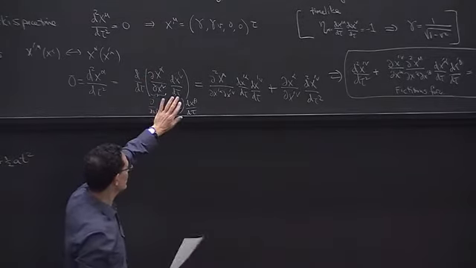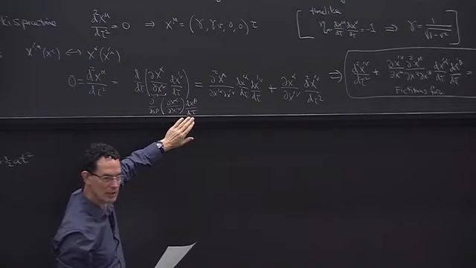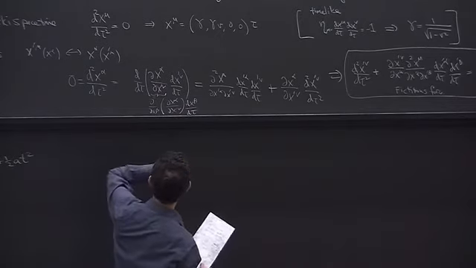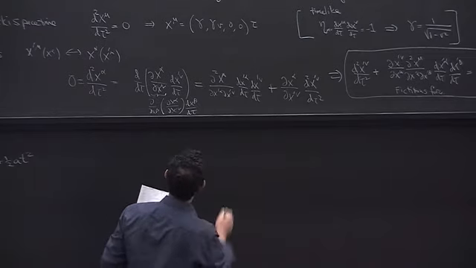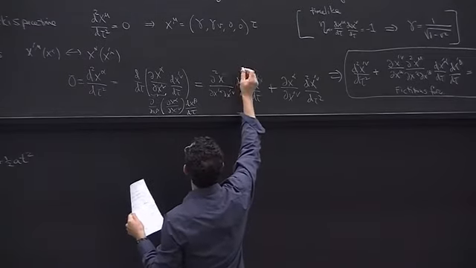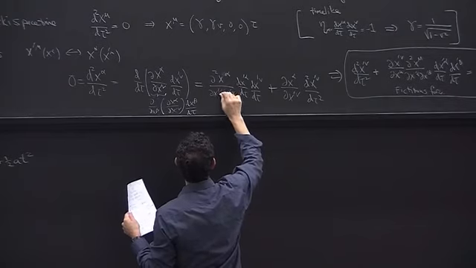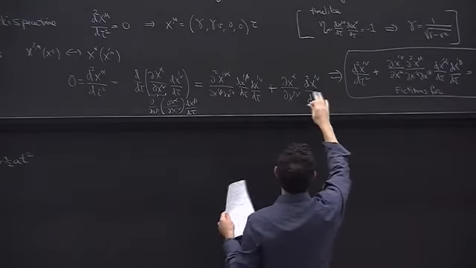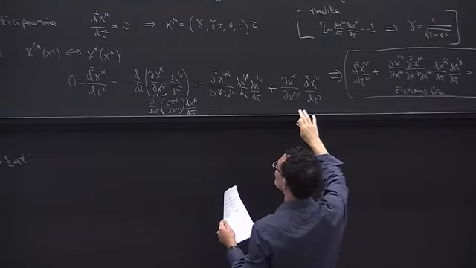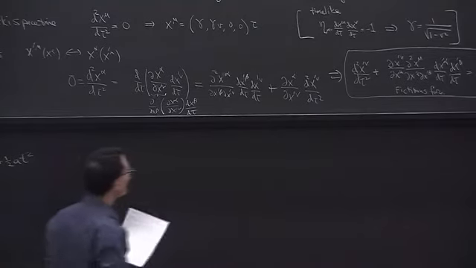Maybe I've relabeled some indices. Yeah, that should have been an alpha. Thank you. Now is it right? Yes, now it's fine. Good, thanks.